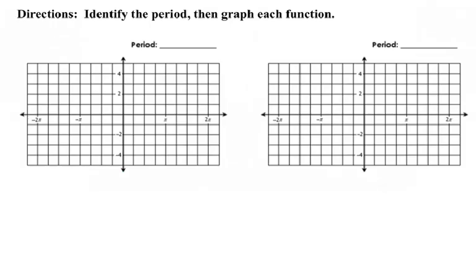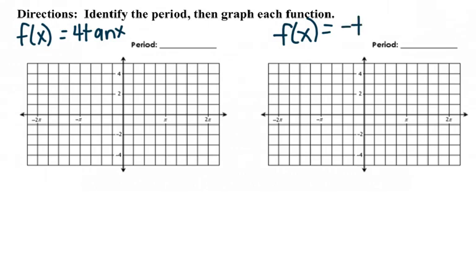Alright, so we're going to graph these functions, and you can graph them in Desmos really quick, or you can use your graphing calculator. So this should say 4 tan x, and then this one over here, well, if it'll let me write, negative tan 1/2 x.